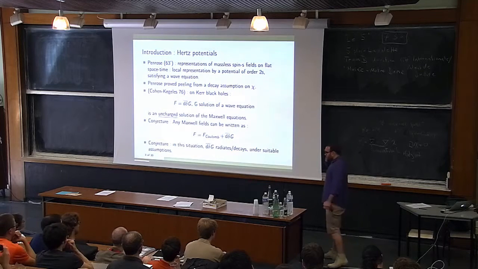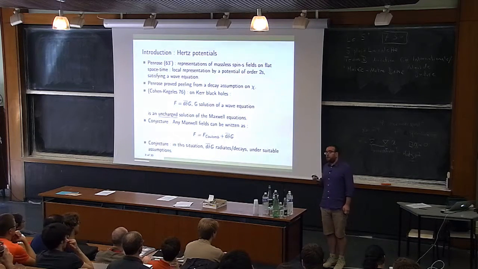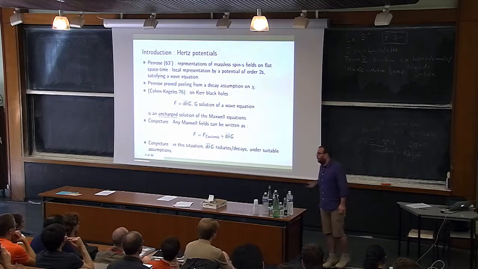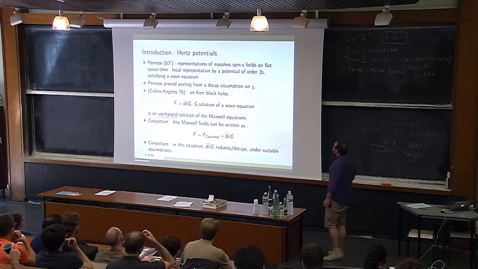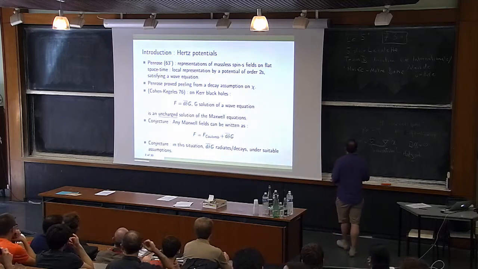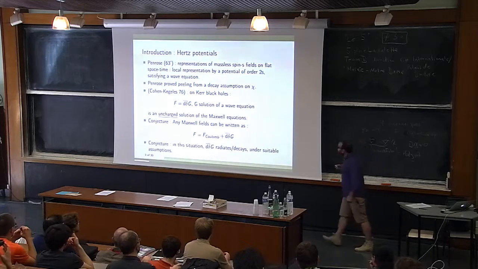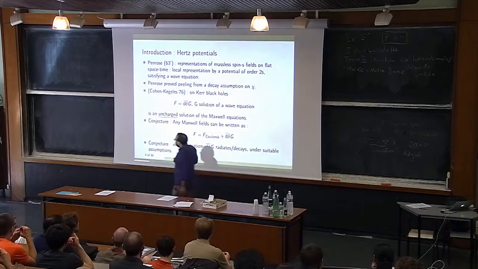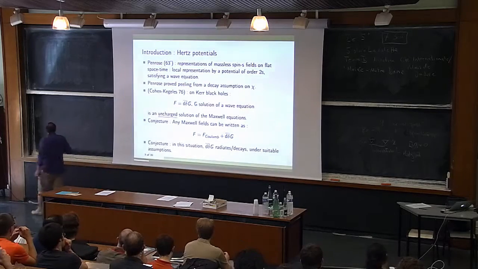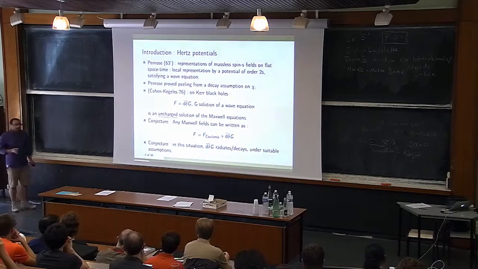Now, if we start thinking of this on a curved background, this has been studied in a very specific way, especially by Cohen and Kegeles in '76, for instance, but there's a lot of literature like this. And this has already been mentioned, that there's a possibility to generate from solutions of the wave equation solutions of the Maxwell equation.